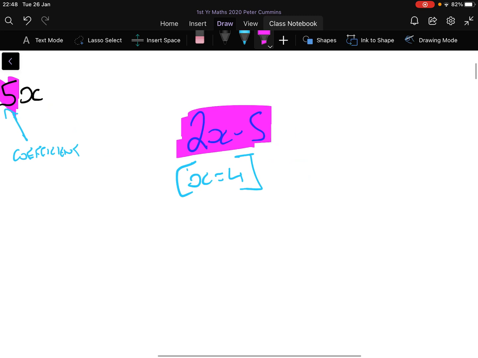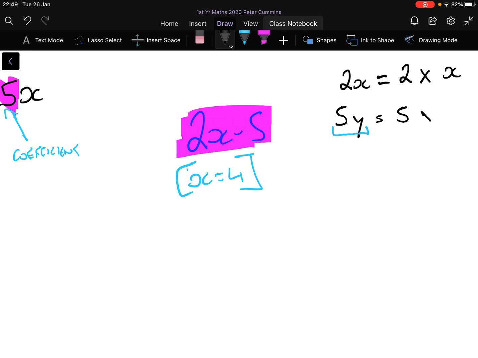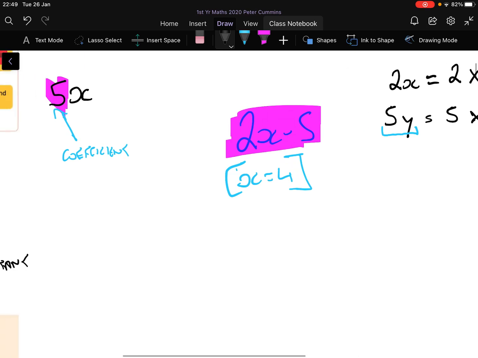And remember, if I have 2 by x, that's the same as writing 2 multiplied by x. If I have 5y, because these two are connected, there's nothing in between them, that means 5 multiplied by y.